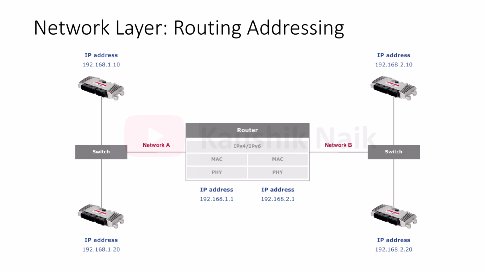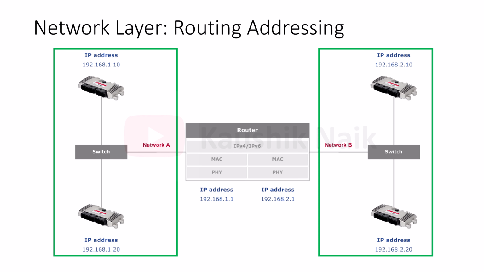For example, in network A, both ECUs have network prefix 192.168.1 and interface IDs are different, which are 10 and 20 respectively. Similarly, the network prefix for network B is 192.168.2. Either of the networks has a possibility of having 254 different ECUs within the network.